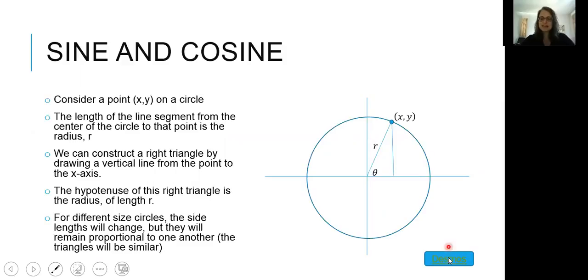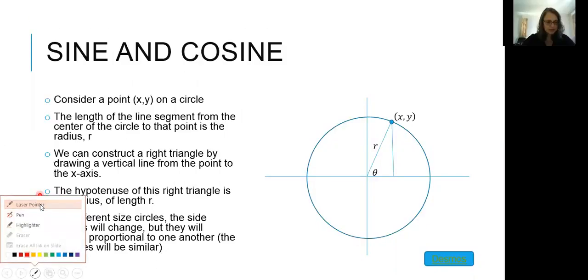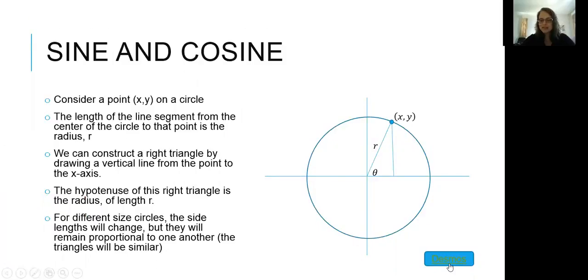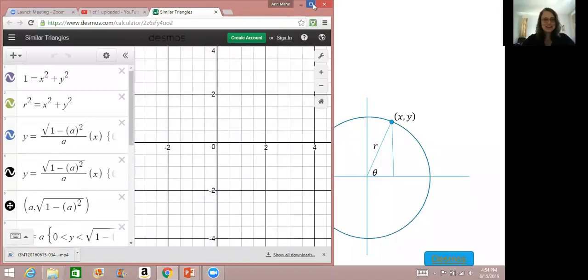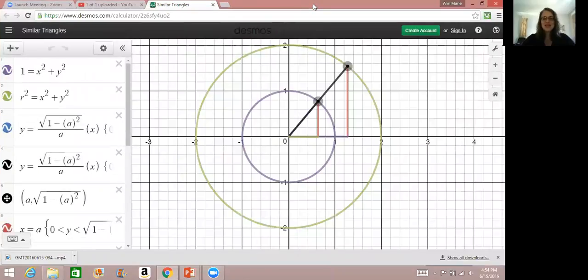I want to take a look at Desmos for a minute. Remember Desmos, it's my favorite graphing tool. And I have set up, hopefully it'll open. Okay. The point I want to make here is this.